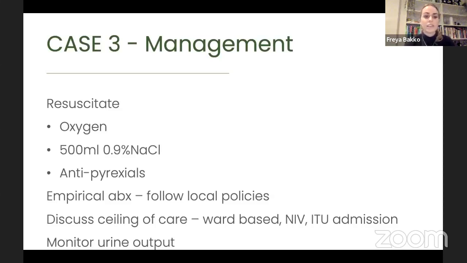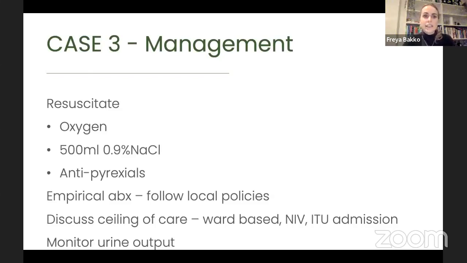So you want to resuscitate him with a fluid bolus, prescribe some antipyrexials, for example, paracetamol, and quite quickly prescribe empirical antibiotics. And they will be empirical because you don't have any culture results. So in this case, you want to follow local policies, and it will usually be a broad spectrum beta-lactam, such as co-amoxiclav.